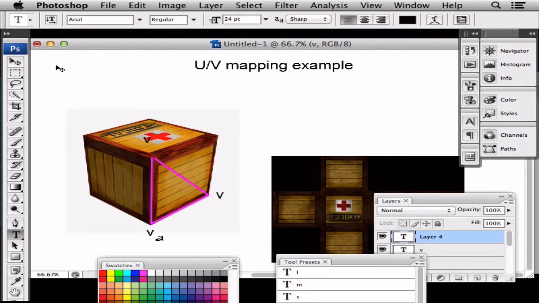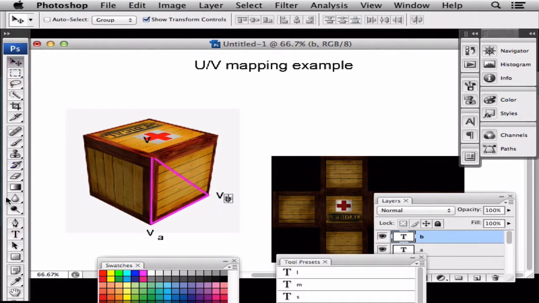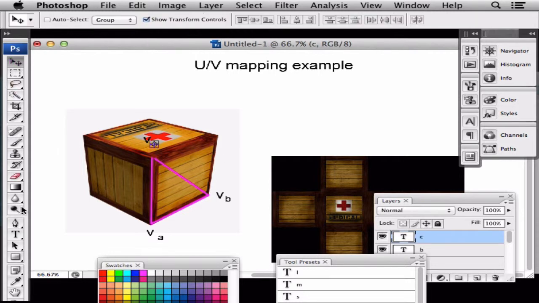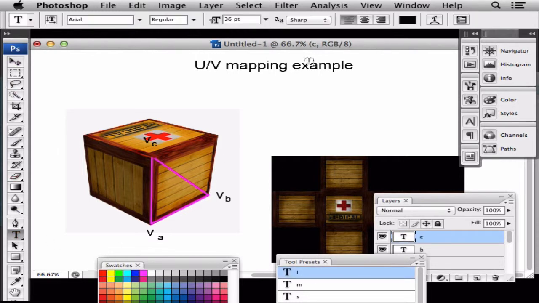This is VA, VB, and VC. And then we, again similarly, choose UV coordinates. 1 UV coordinate for each vertex.